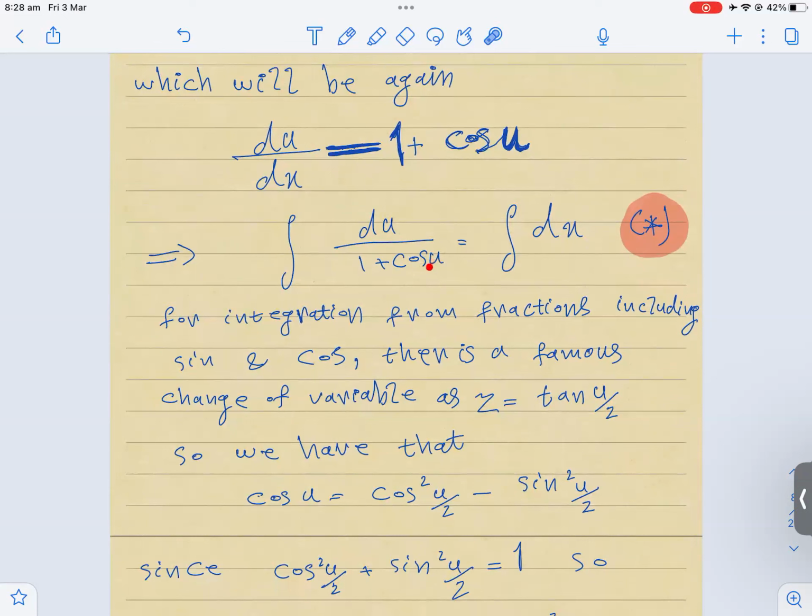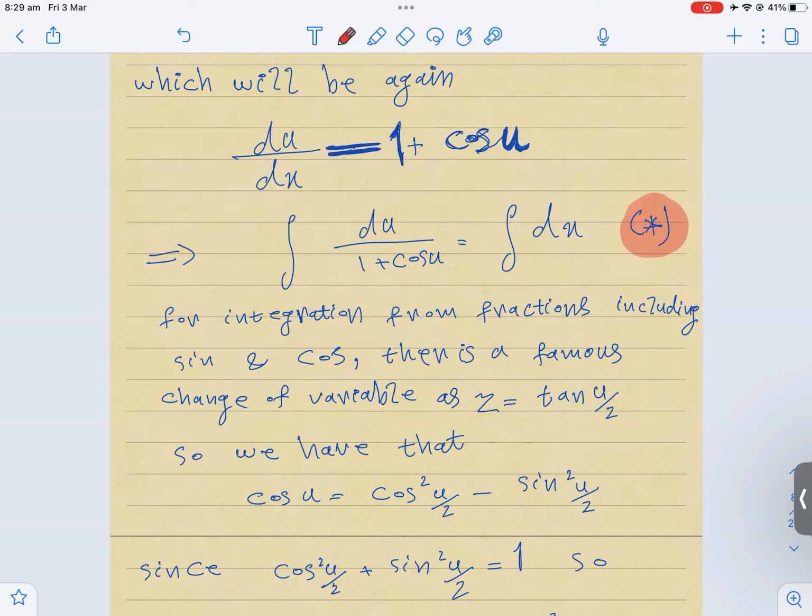So what I will do is this: z equal tan of u over 2. Why I write this is because cos u is equal to, I hope this identity is familiar to you, cos squared u over 2 minus sine squared u over 2.